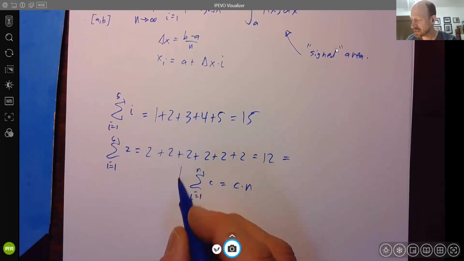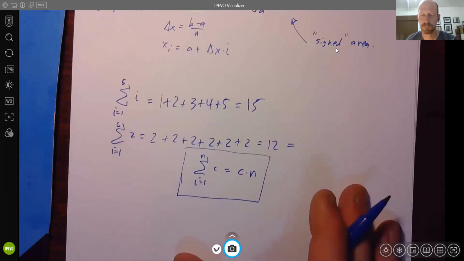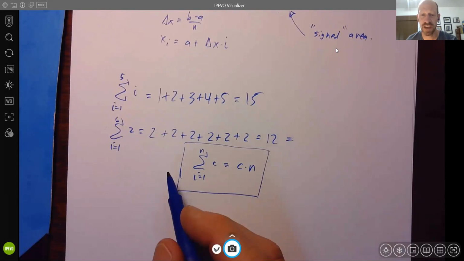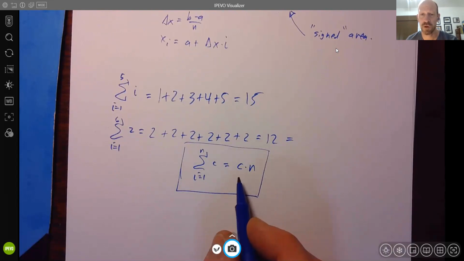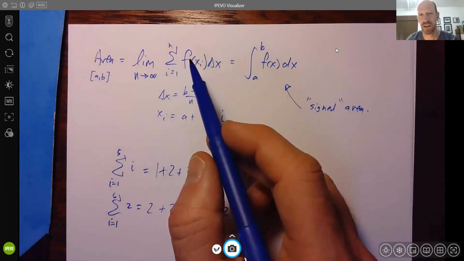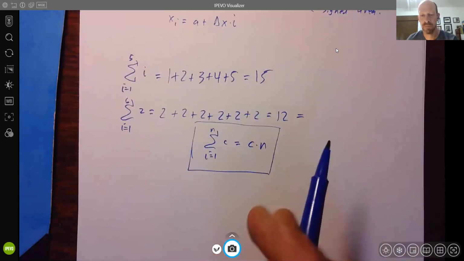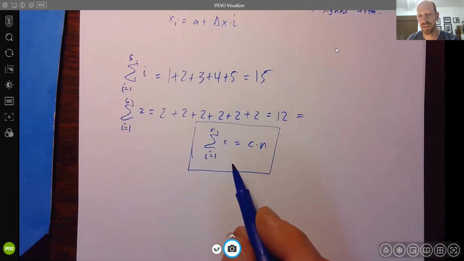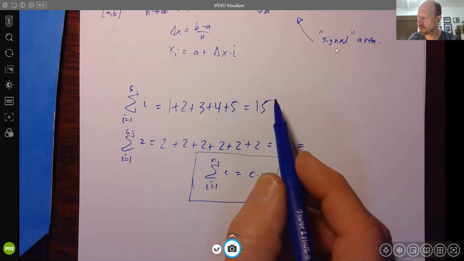So this is our first formula that allows us to take a sum and calculate what that's going to be directly. And that's important for us because I can't really take the limit when I have sums here. I need to figure out what the sums actually are. So I need this kind of formula. It turns out there's also a formula for this variety.